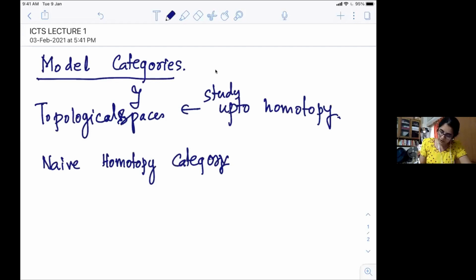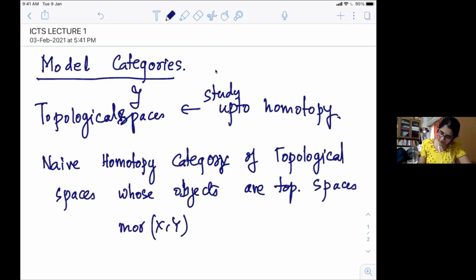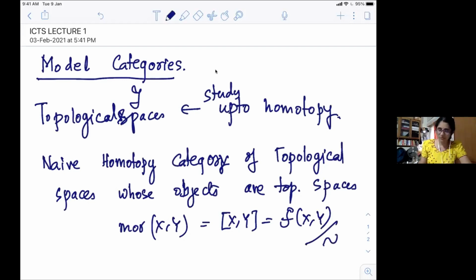The naive homotopy category of topological spaces would be for me the category whose objects are same as, or let me just say, topological spaces, and morphisms between X and Y are given by the homotopy classes of maps. So remember, these are all continuous functions from X to Y modded out up to homotopy equivalences. Okay, and this works fine.